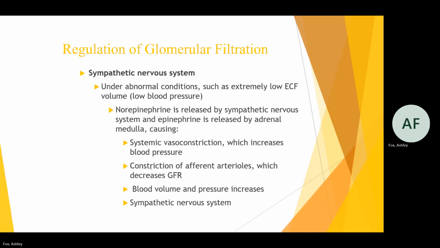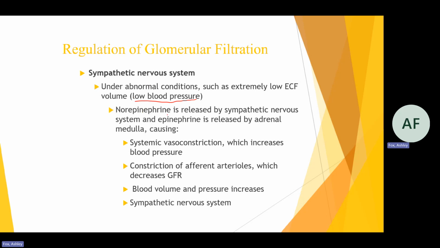If you are getting to the point where you have extreme sympathetic nervous system activity, this is going to be abnormal. With low blood pressure, a lot of times the sympathetic nervous system will kick in and try to help overall.